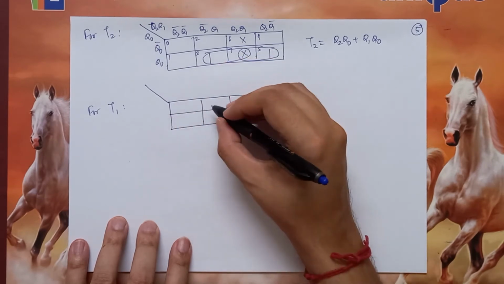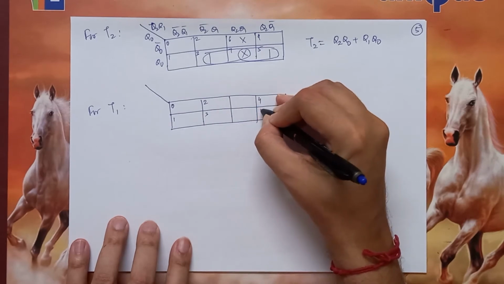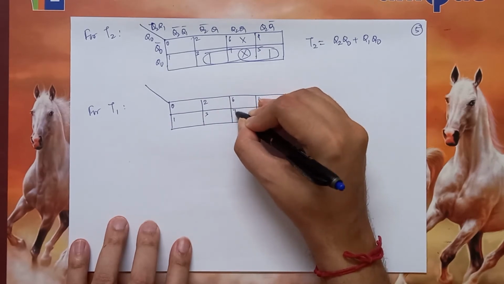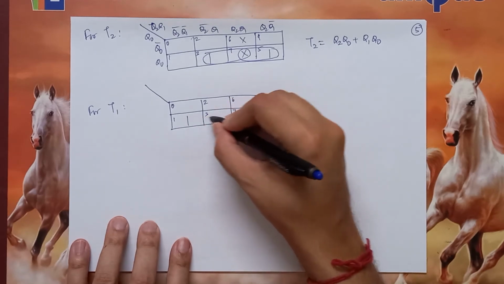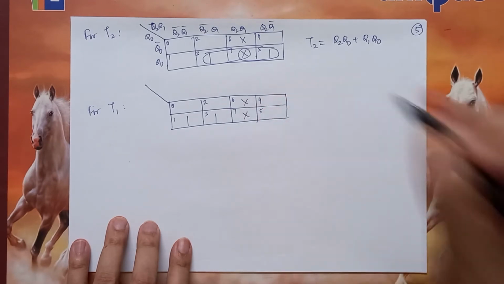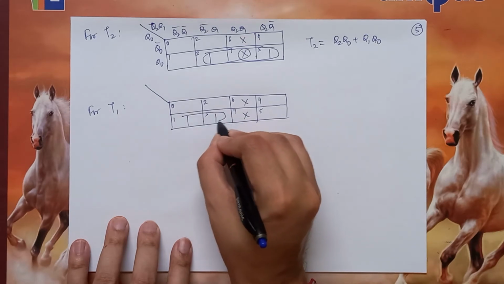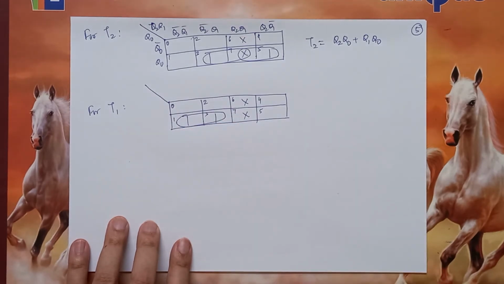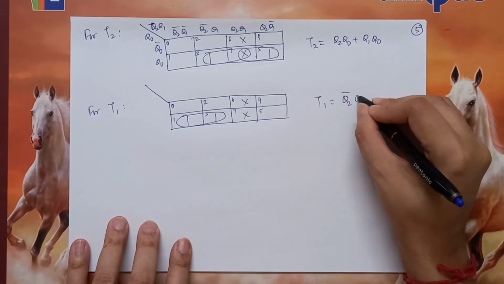So over there, for T1, we see that the ones are at 1 and 3, and 6 and 7 are don't cares. So we can simply make a group like this, and T1 would be Q2 bar Q0.